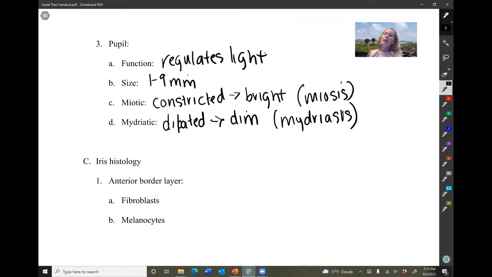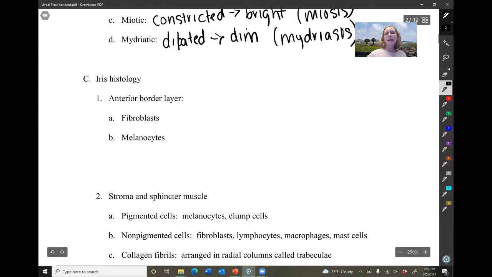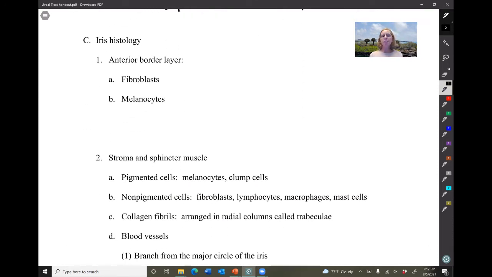So those are some of the big picture findings of the iris. We're going to step back now and talk about the microscopic tissue of the iris, so the histology. There are 4 layers of the iris, and we'll go through those starting from anterior and moving posterior.